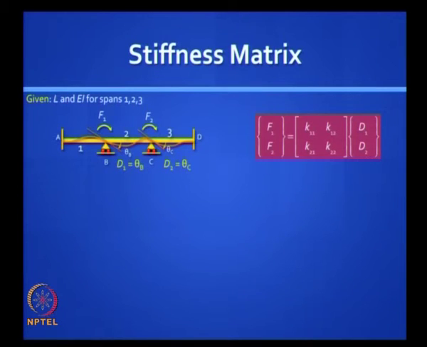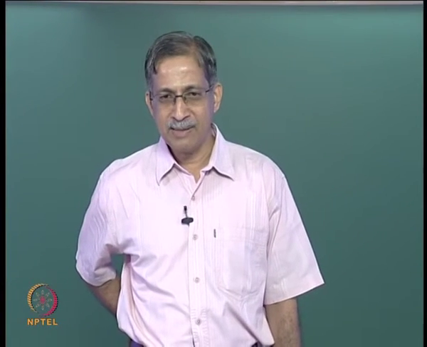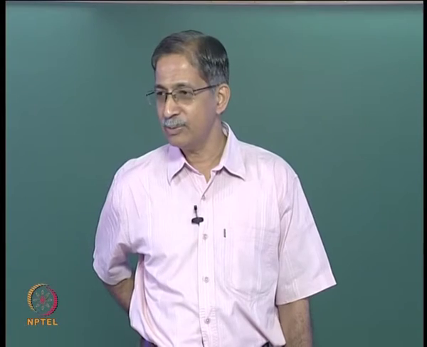Now the stiffness matrix is defined as F is equal to Kd. So F1 is K11 into D1 plus K12 into D2, and F2 is K21 into D1 plus K22 into D2. I want you to tell me, can you generate this matrix from whatever little you have learned till now? Can you write an expression for K11, K21, K12, K22, physically understanding what is going on?